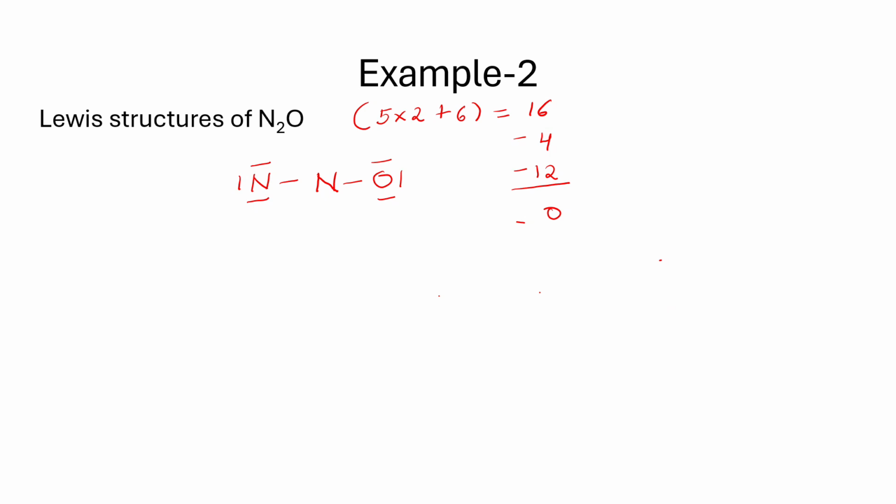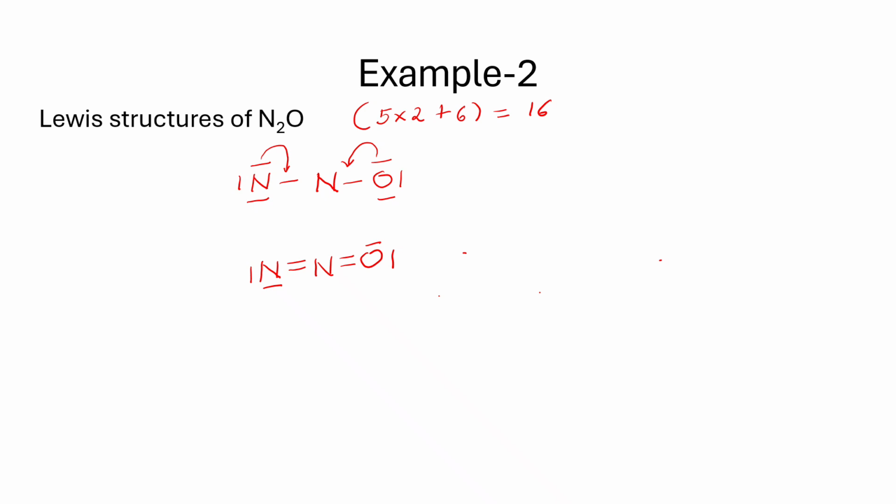So we do the next step as we understood in the previous video, and that is to transfer the lone pairs to make a bonding pair. All right. Now in this case, the final Lewis structure of N2O is probably going to look like this, right?